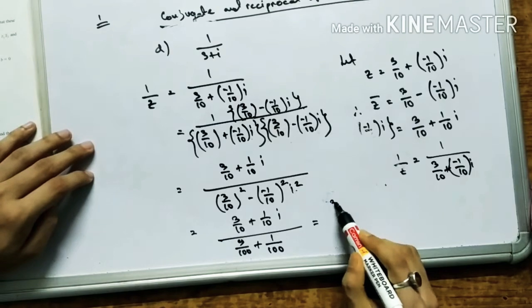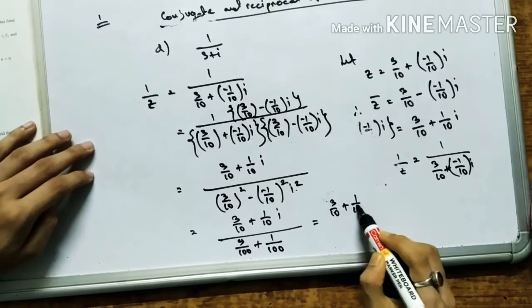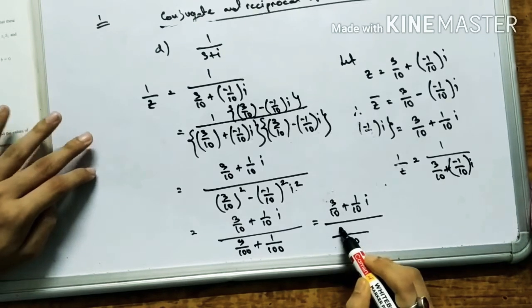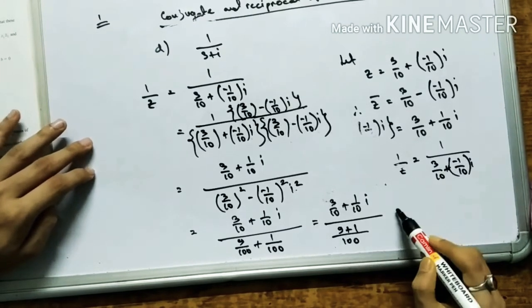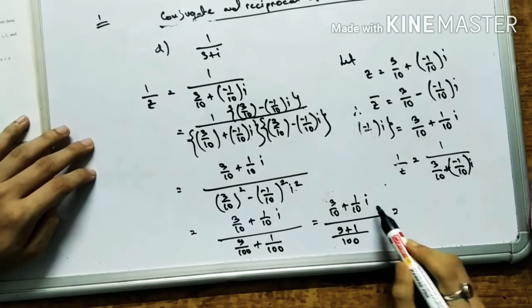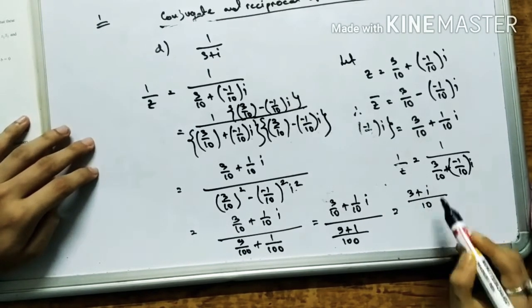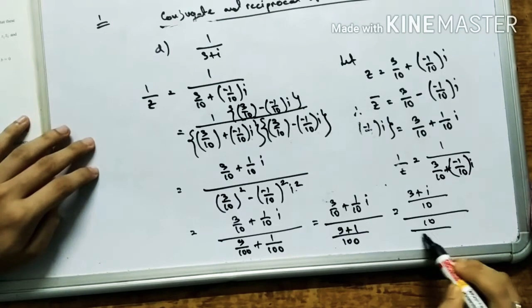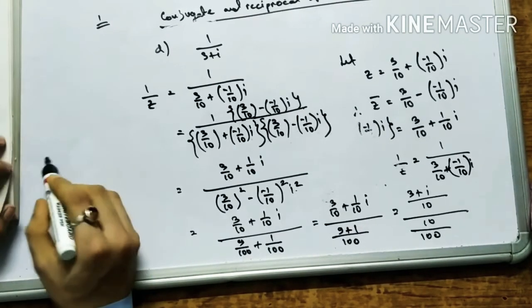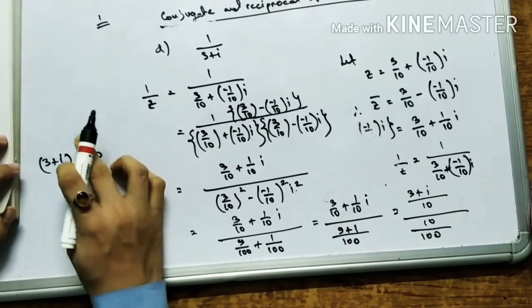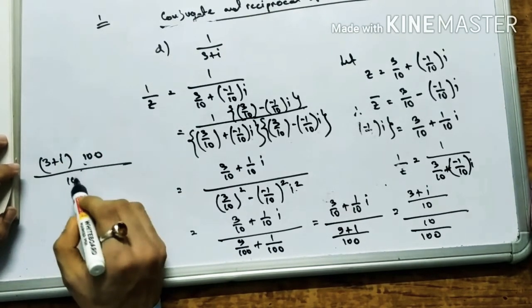So this is equal to 3 by 10 plus 1 by 10 i by 100. This is 9 plus 1. Taking the LCM 10, I get (3 plus i) into 100 by 10 into 10.